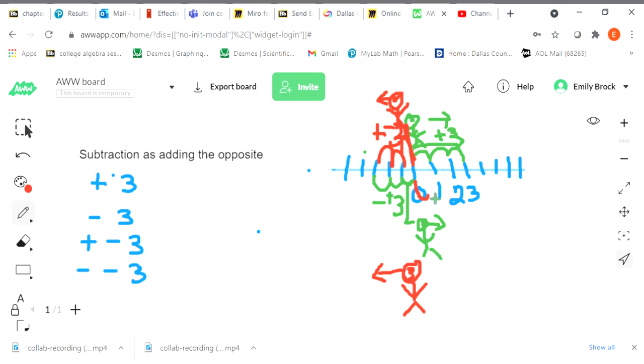We start at 0 and they're going to go backwards 1, 2, 3 steps. So that is minus a negative 3.